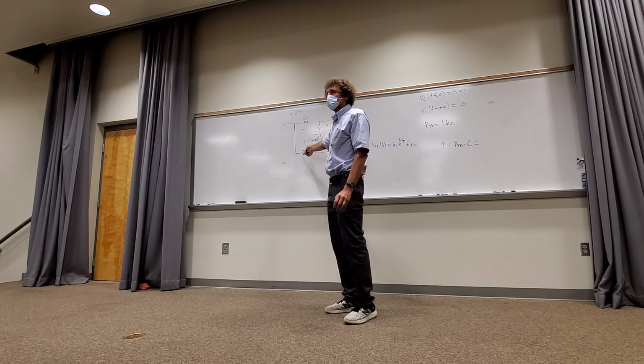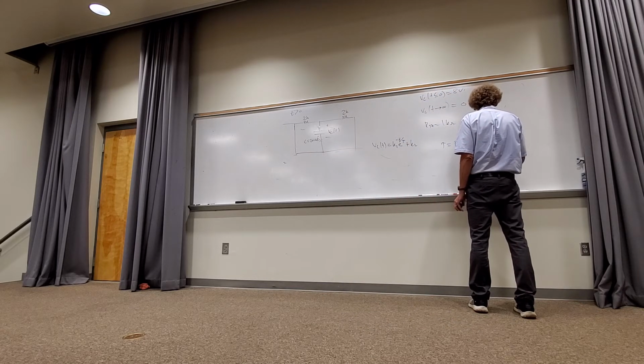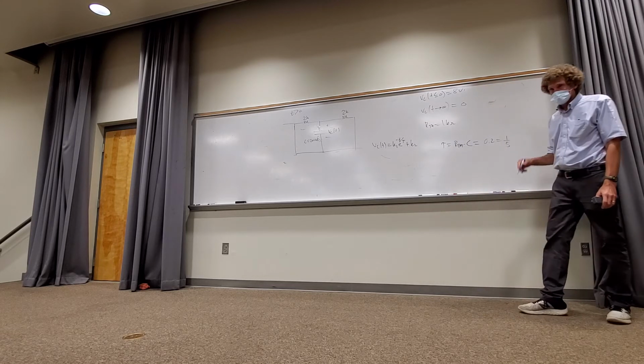That's 2 times 10 to the minus fourth, isn't it, class? 200 times 10 to the minus 6 is 2 times 10 to the minus fourth, times 10 to the third would be 2 times 10 to the minus 1, or 0.2, or 1 over 5. Either one works. Do y'all agree with that?